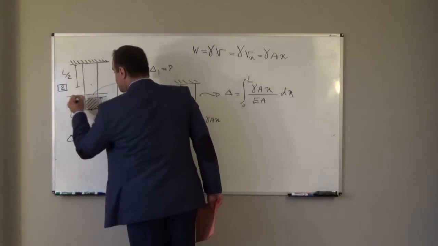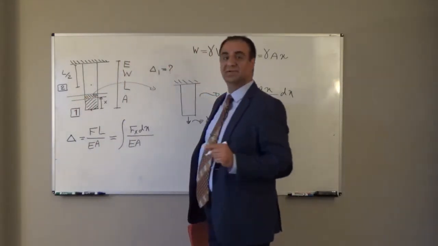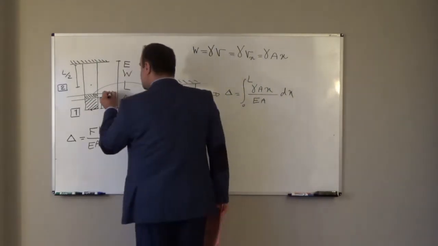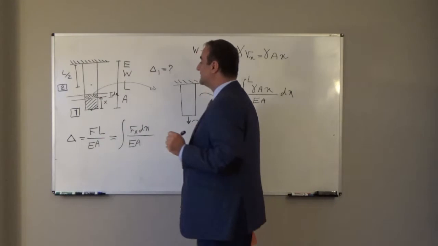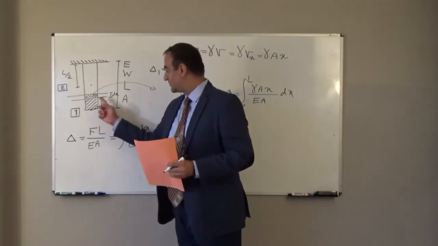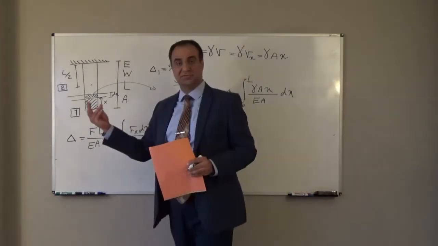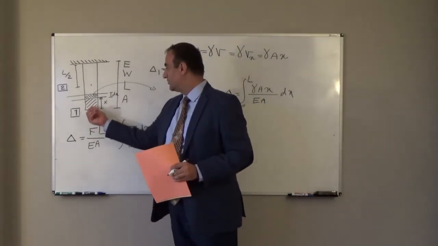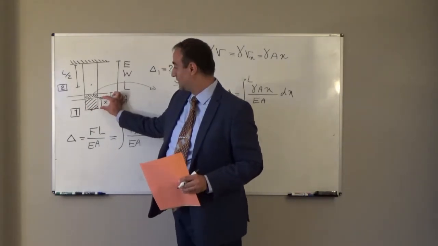Because if I cut at x distance from the free end and assume one small element, the small element length is dx. The weight for this part is gamma Ax, gamma is unit weight, times the volume. Okay?